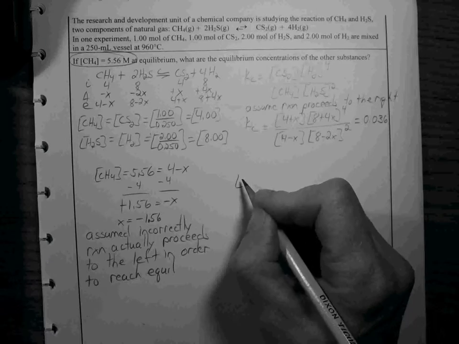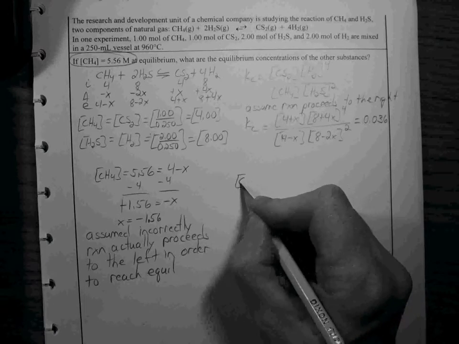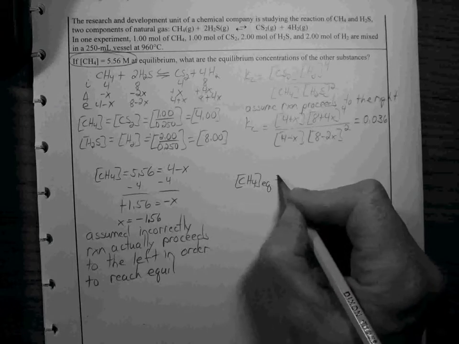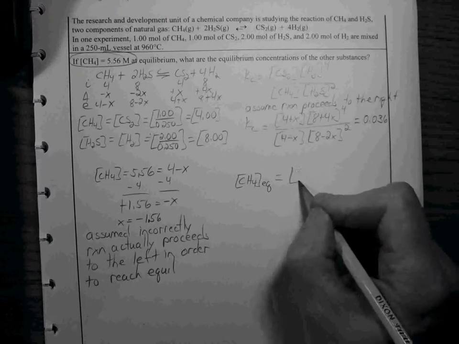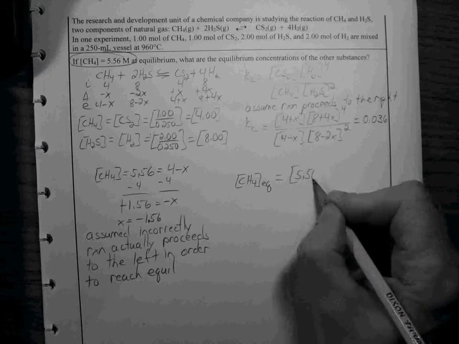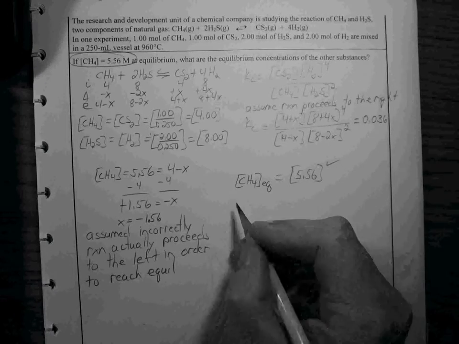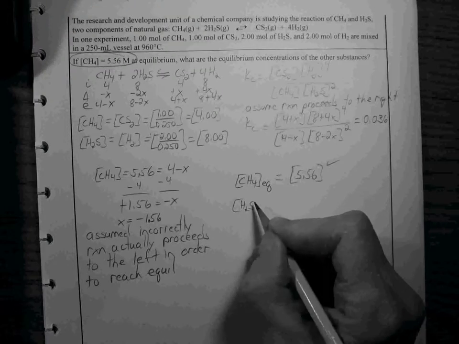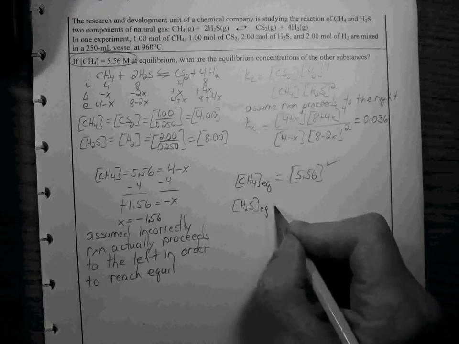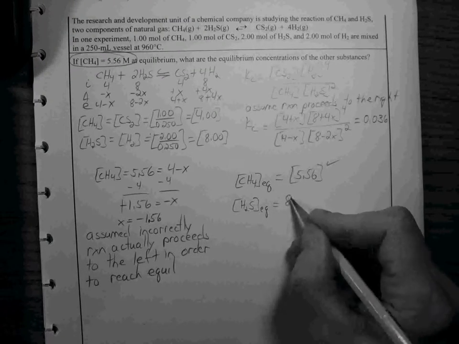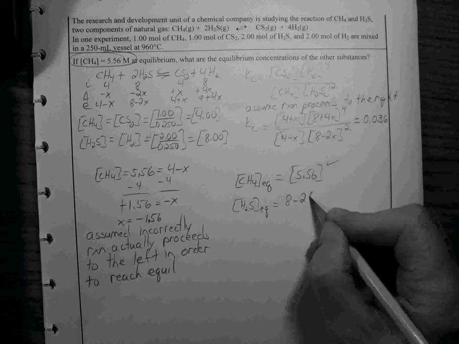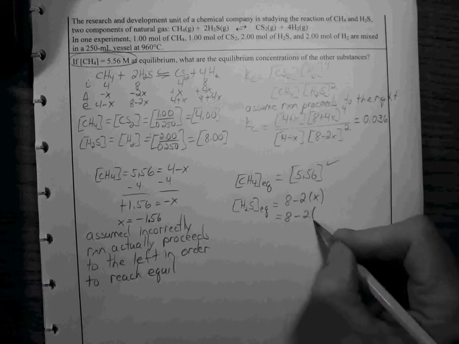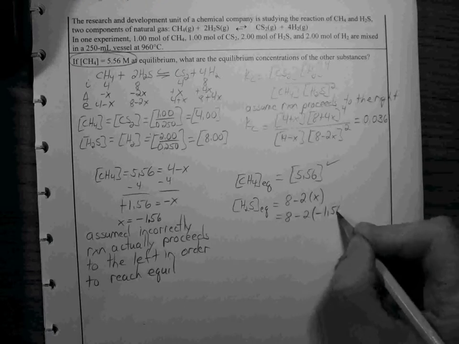So we have equilibrium concentration of CH4 is given to us. That for H2S is equal to 8 minus 2 times x, which is 8 minus 2 times a negative 1.56.